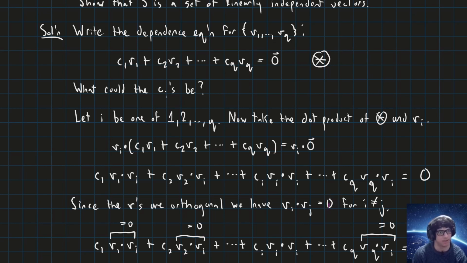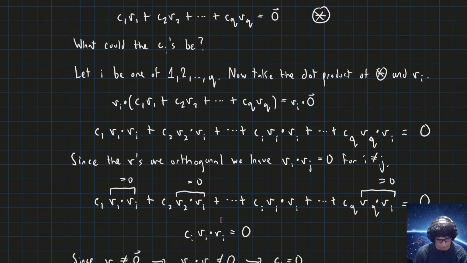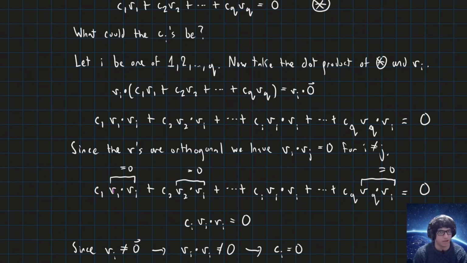That's just what orthogonality means. So for every dot product here where it's vi dot something that's not vi, we know those are all going to be 0. So all these terms disappear. The only one that won't disappear is vi dot itself. That won't be 0.